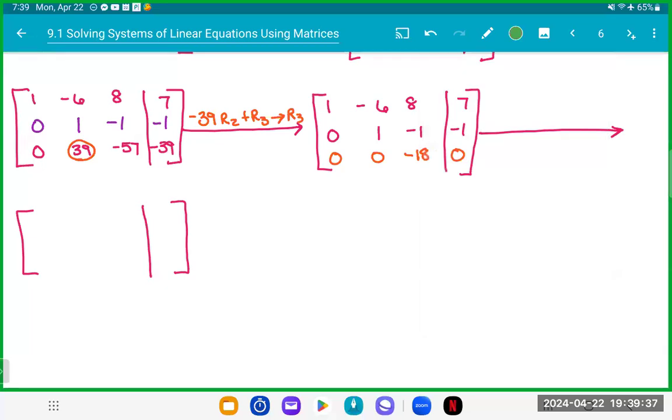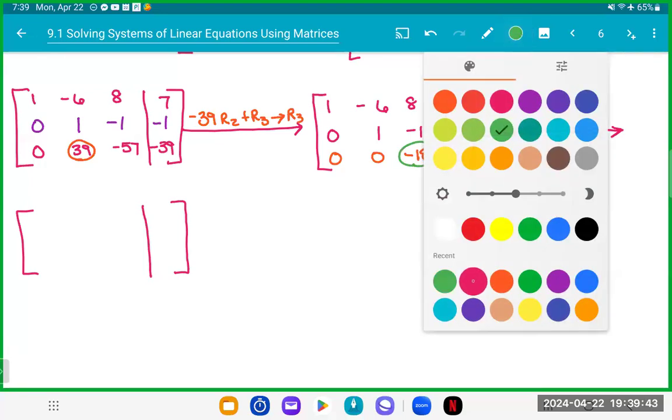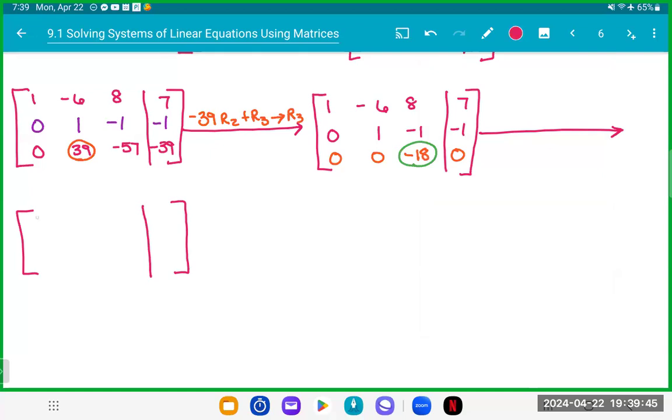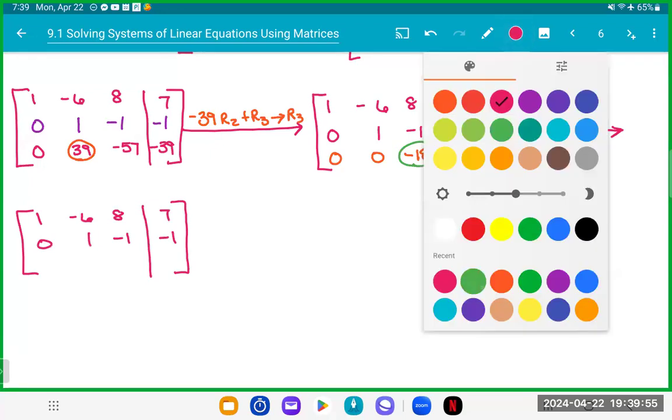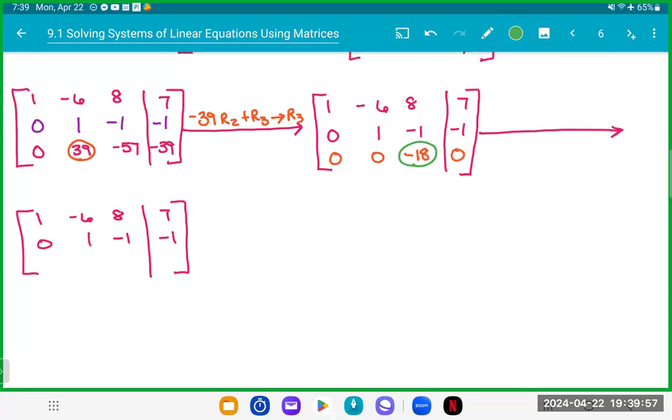So now what do we want to do? Let's get this right here as our 1. So we're going to keep row 1 and 2 the same. So 1, -6, 8, 7, 0, 1, -1, -1. Okay.